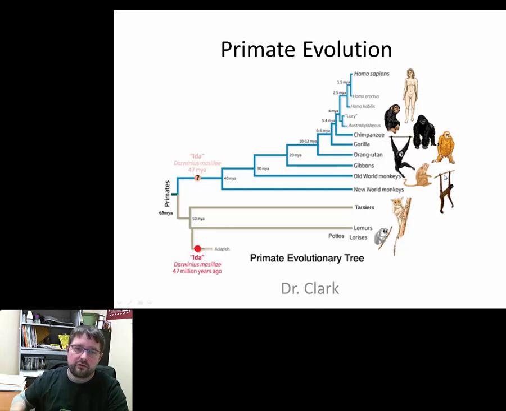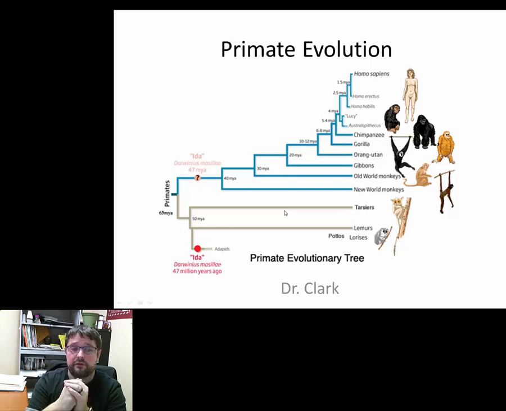Okay. And as time goes, as we get better at paleontology, as we get better at genetics, as we get better at doing just general science, the evidence for primate evolution, human evolution, just keeps increasing, and we get more and more data. For example, it wasn't too long ago that we found Ida, which is the oldest known ancestor to primates.